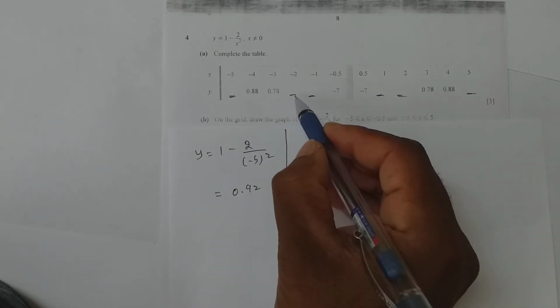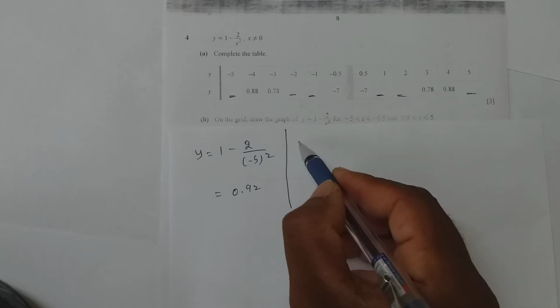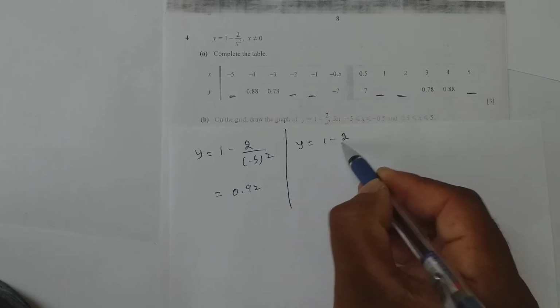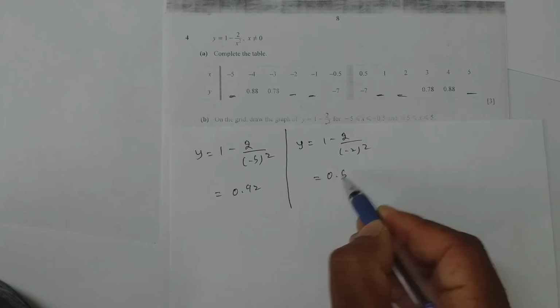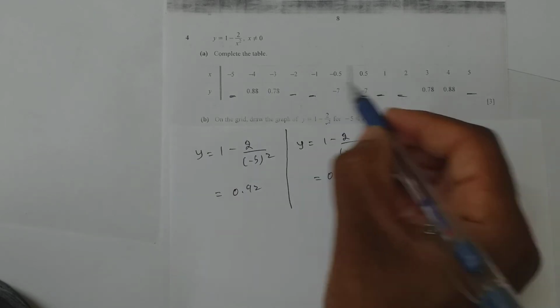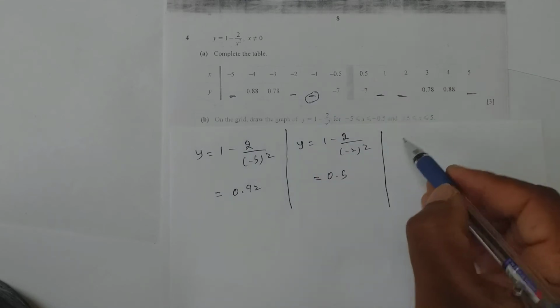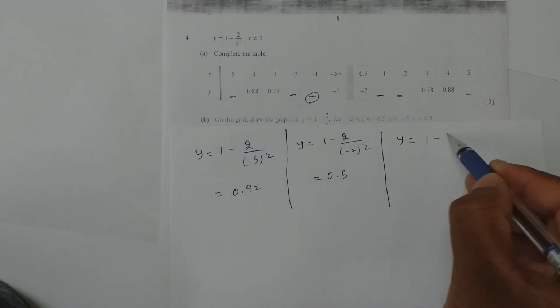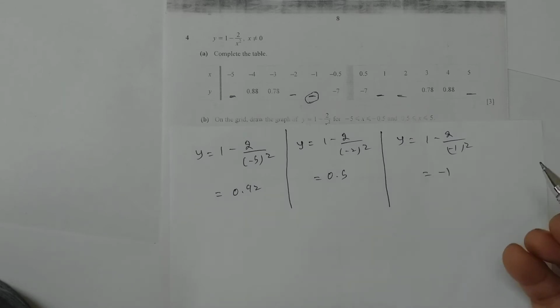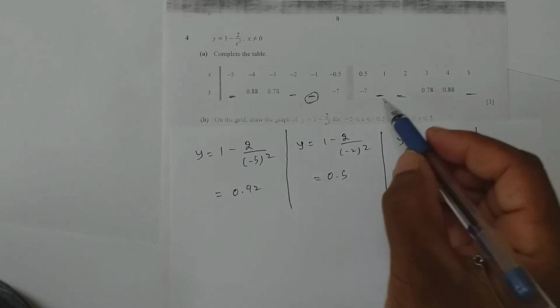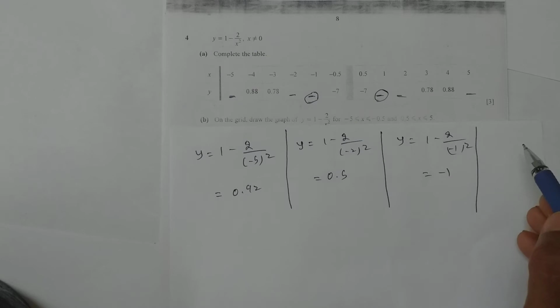To get a value here, x should be replaced by minus 2. So y equals 1 minus 2 by minus 2 whole square, which I get 0.5. To get a value here, x should be replaced by minus 1. So 1 minus 2 by minus 1 whole square, which is minus 1. Now to get a value here, it should be replaced by 1.